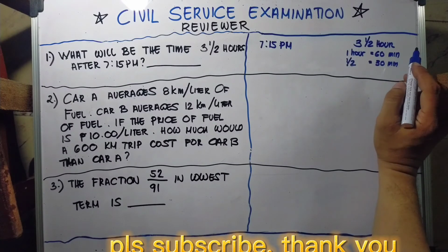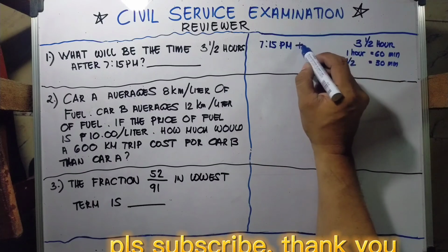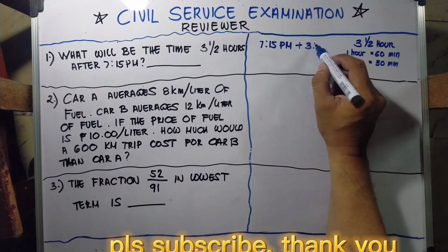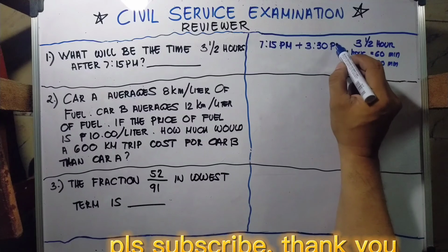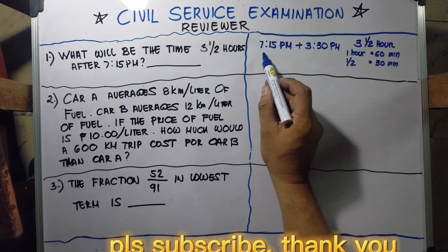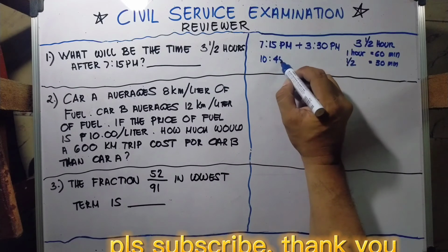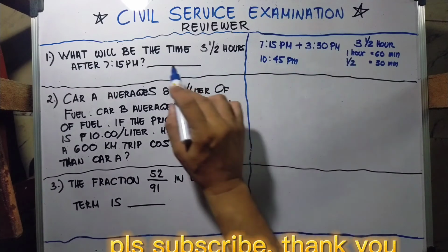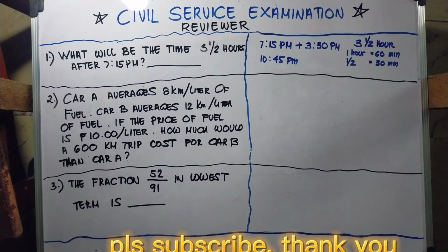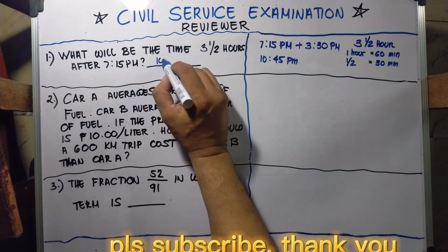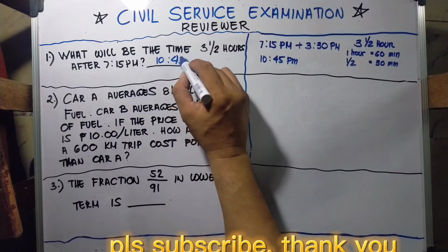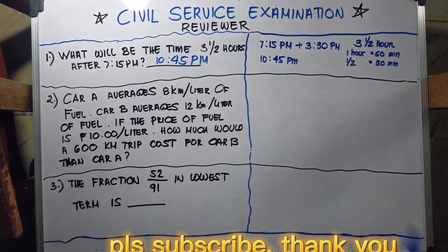So it means 7:15 p.m. plus 3 hours and 30 minutes. So what will be the time? 7 plus 3 is 10, and 15 plus 30 is 45. So the time 3.5 hours after 7:15 is 10:45 p.m.